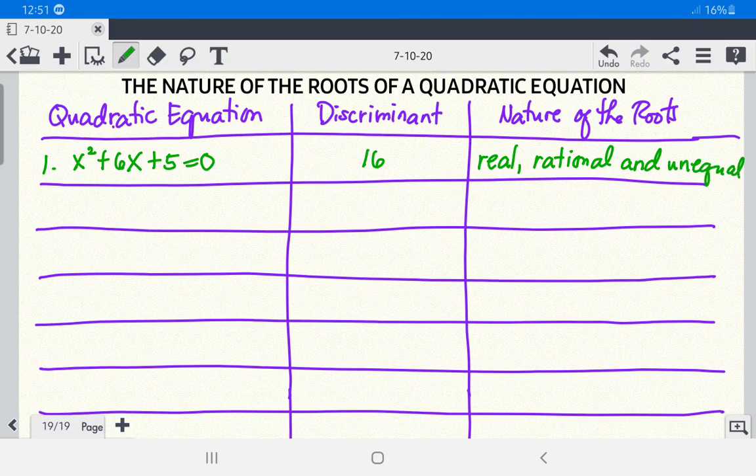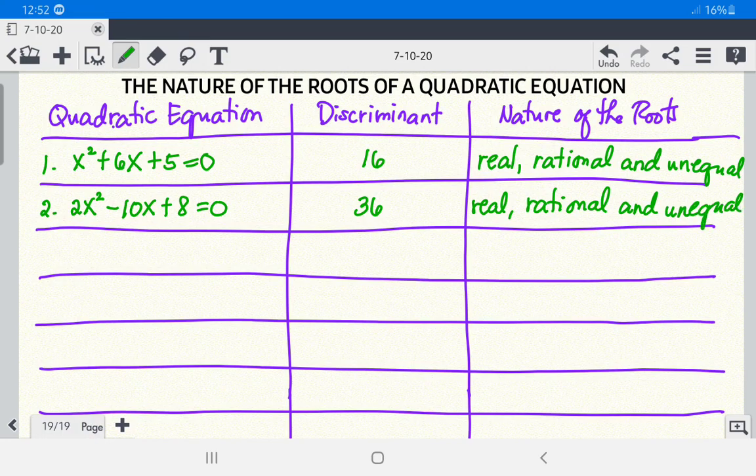Okay, number 2, we have 2x squared minus 10x plus 8 equals 0. Its discriminant is 36. Notice that it is greater than 0 and a perfect square. So, the nature of their roots is that they are real, rational, and unequal.